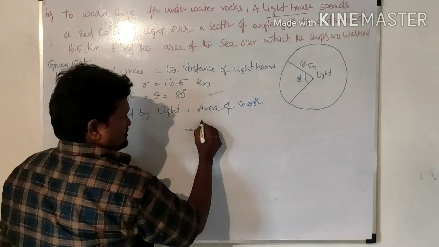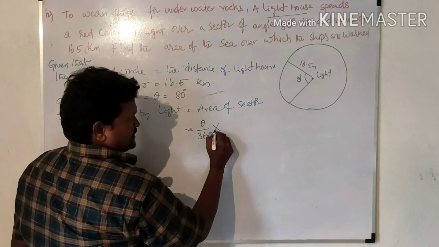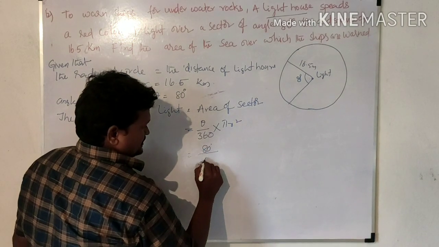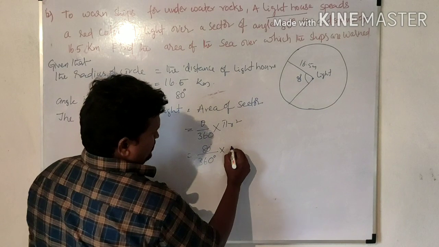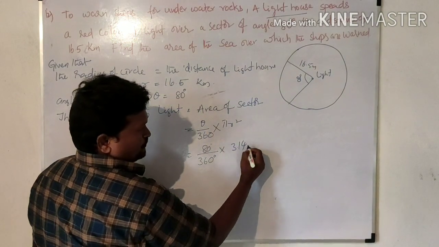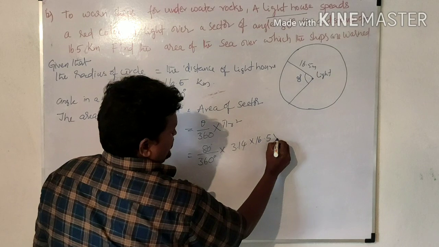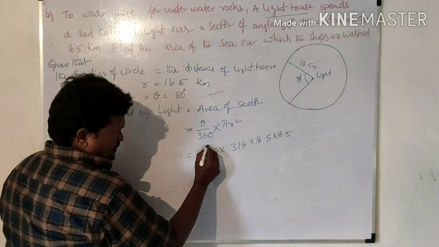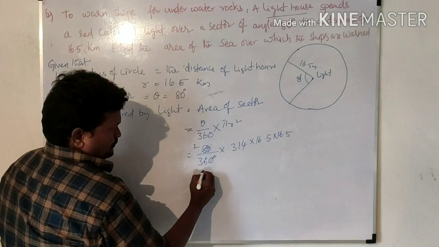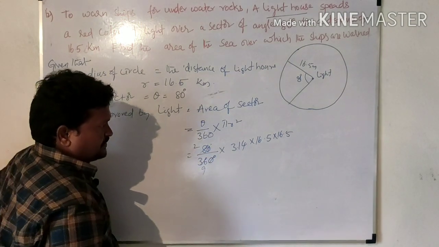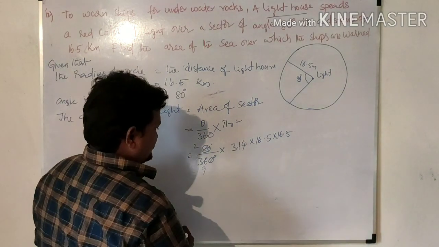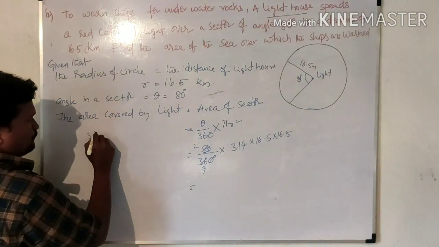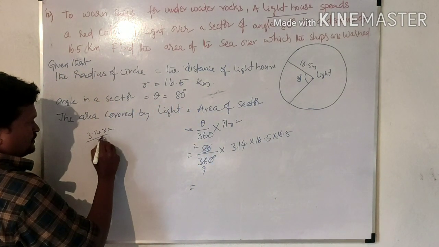Area of sector means theta by 360 into pi r squared. That is 80 degrees by 360 degrees into, in this problem it is given to use 3.14, into 16.5 into 16.5. Zero, zero cancel. 4 twos are 4 nines. This is 2 by 9 into like this. So we have to multiply everything: 2 into 3.14 into 2.